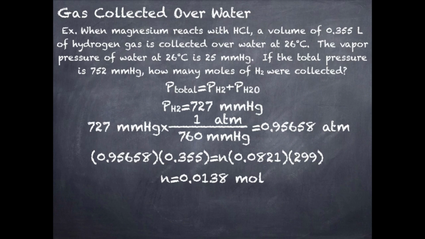And then in this case, if I'm collecting a gas over water, knowing that the partial pressure of the gas is simply going to be the total pressure minus the partial pressure of water, then plugging your pressure into your ideal gas law. So all of these different ideas are coming from and are using your ideal gas law, or PV equals nRT.